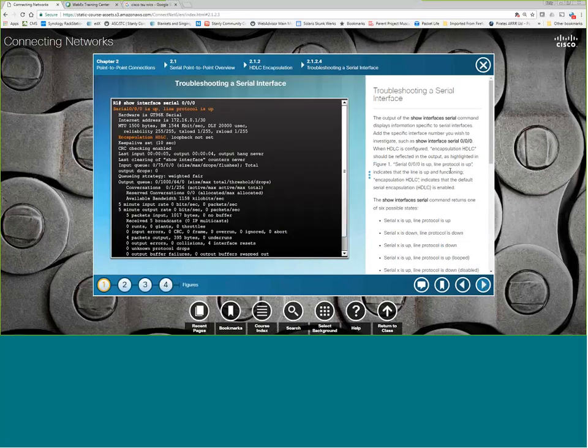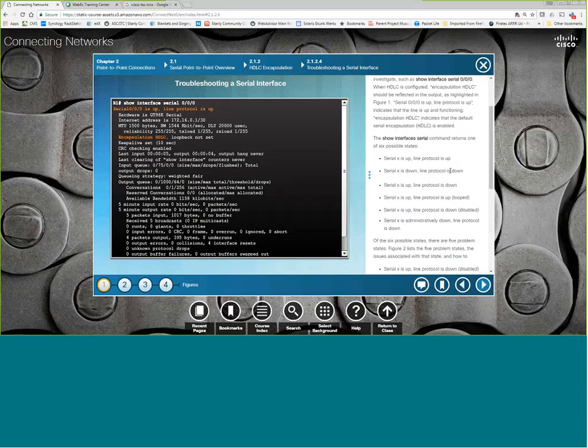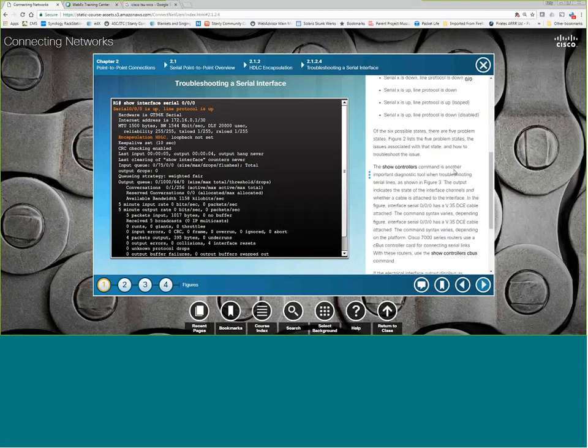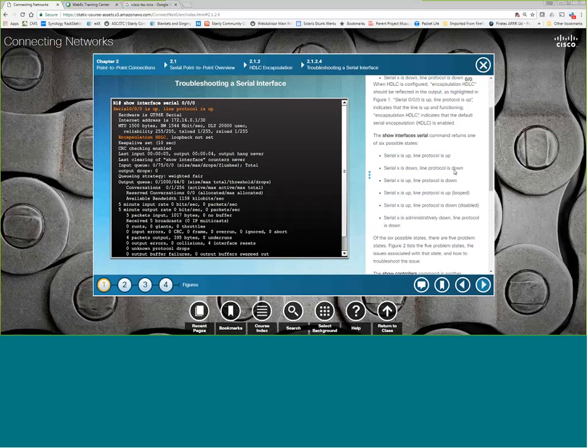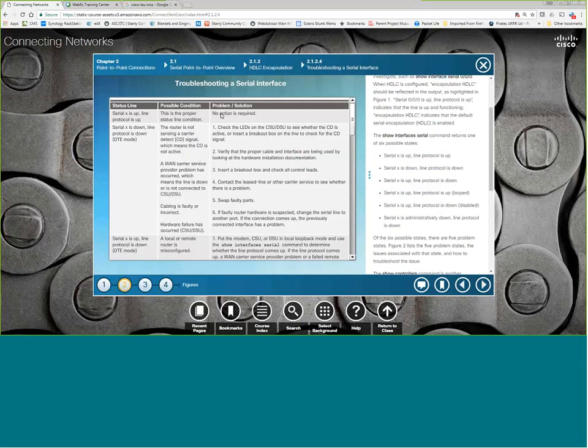Troubleshooting serial interfaces. Now, this is really true with any interface, not just serial interfaces. If it's up, everything's good. If it's down, remember, the first item is layer 1 and the second item is layer 2.